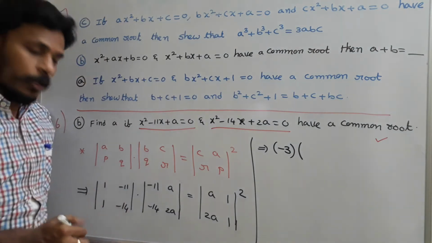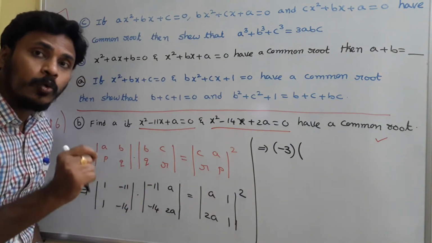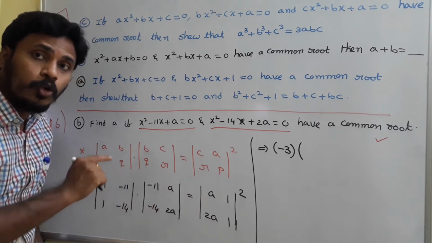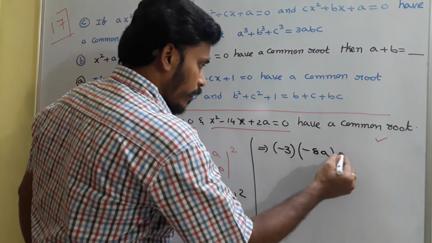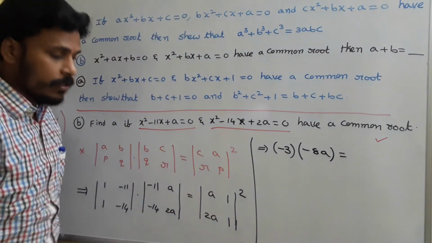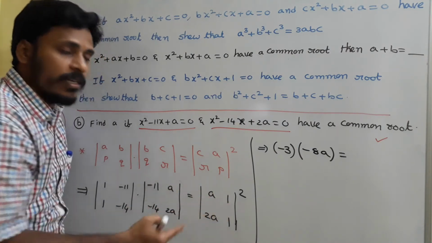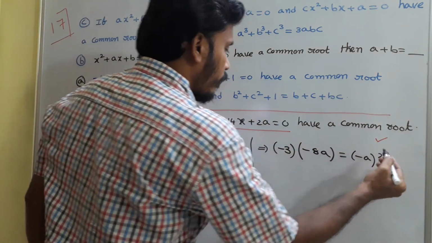Coming to this, minus 11 into 2a, minus 22a, minus of minus, plus 14a; minus 22 plus 14 is minus 8a. And the determinant of this is A minus 2a, AD minus BC. A minus 2a is minus a, and that is minus a square.